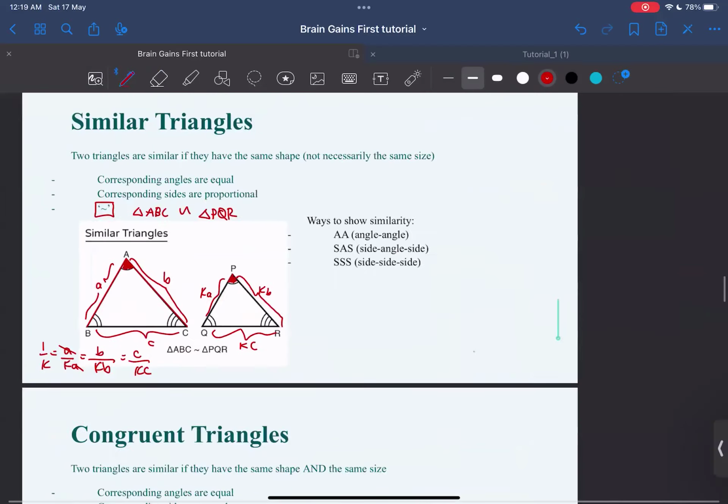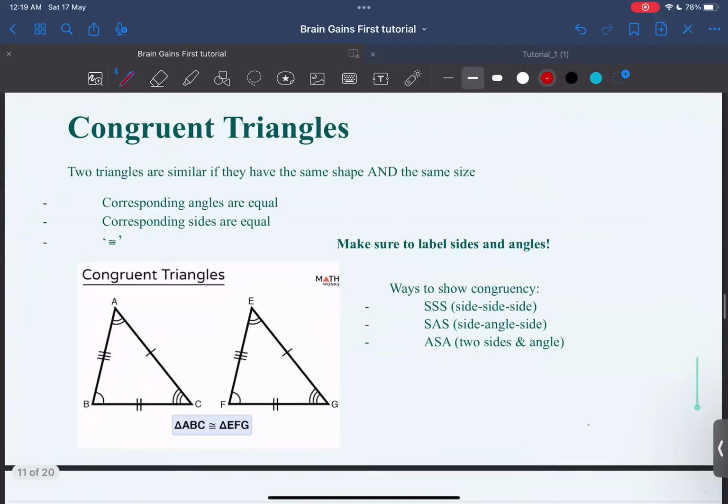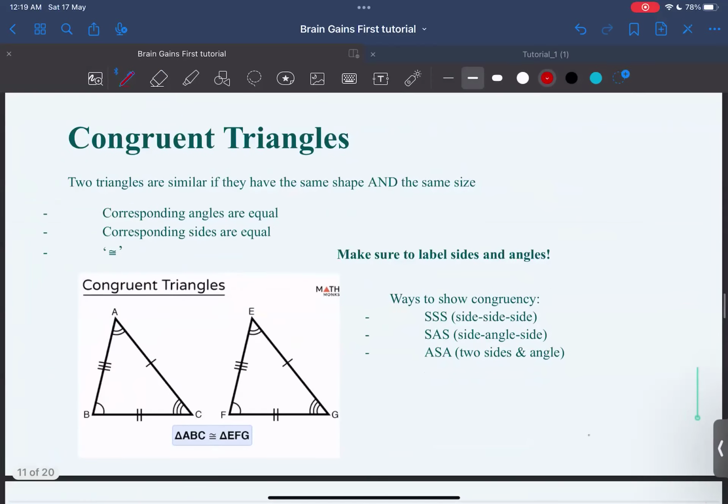Okay, cool. For congruent triangles, I think it's actually a little bit easier to understand than similar triangles. It basically just means that these two triangles are congruent, that's a typo. The two triangles are congruent if they have the same shape and the same sides.